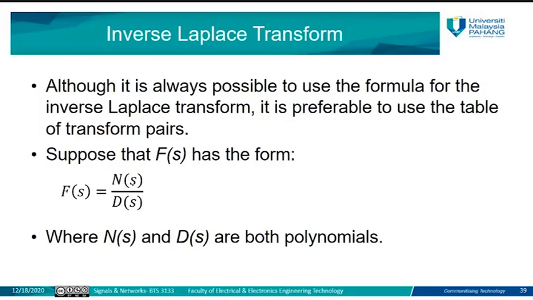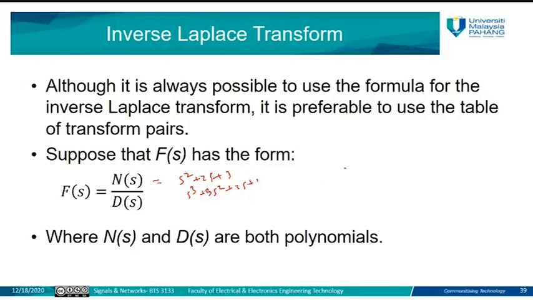When we say N(s), you expect that you are going to see s squared plus 2s plus 3, for example, or s cubed plus 5s squared plus 2s plus 1. So it's a function of s in the numerator and also a function of s in the denominator. Okay, so these values in the numerator, if we make it equal to 0, it will give us some values.